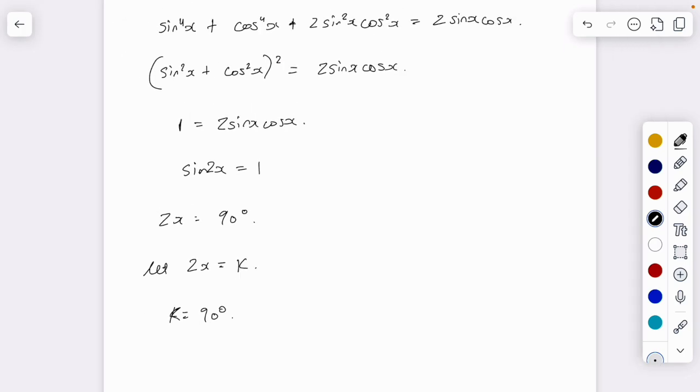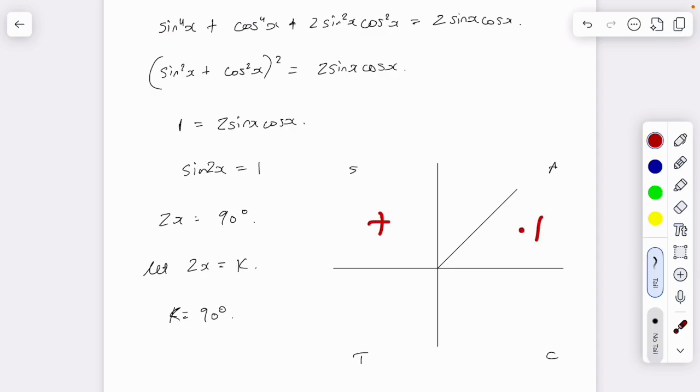But we also know, if we draw a cos diagram here, that sine is positive here. So our reference angle is 90 degrees, so then we've got 180 degrees minus theta.